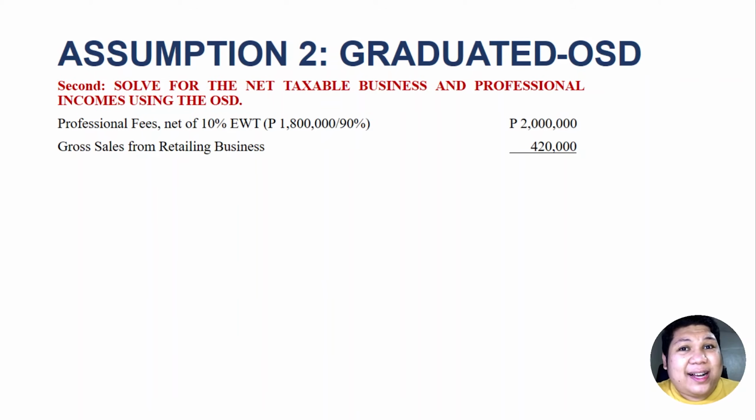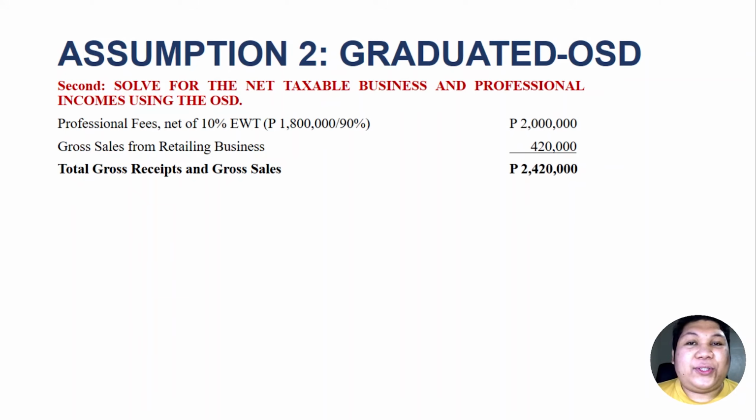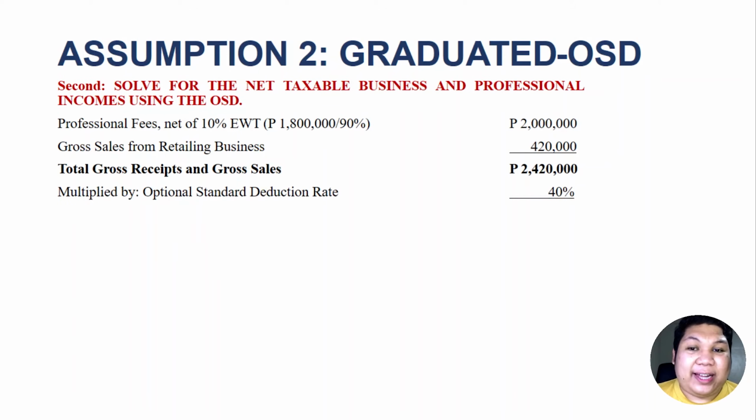And as we have discussed in our other videos, when we compute the 40% OSD for individuals, do not include the other non-operating incomes. So our total gross receipts and gross sales is 2,420,000 pesos. And we will multiply that by 40%.